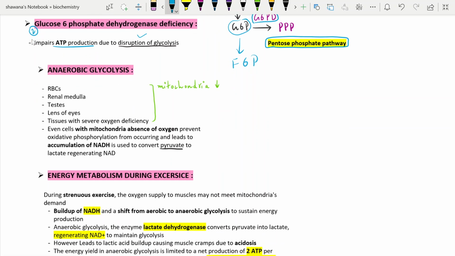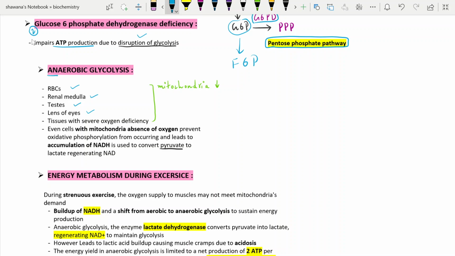Talking in general about anaerobic glycolysis, it occurs in those cells that lack mitochondria, for example RBCs, renal medulla, testes, lens of the eye, and the tissues with severe oxygen deficiency. These cells lack mitochondria, so they are dependent on anaerobic glycolysis.